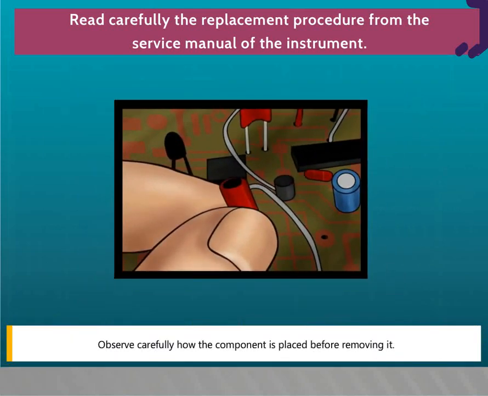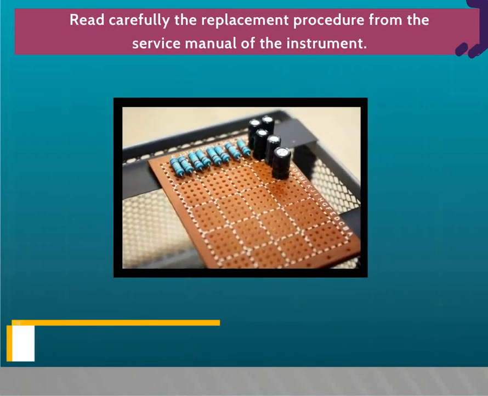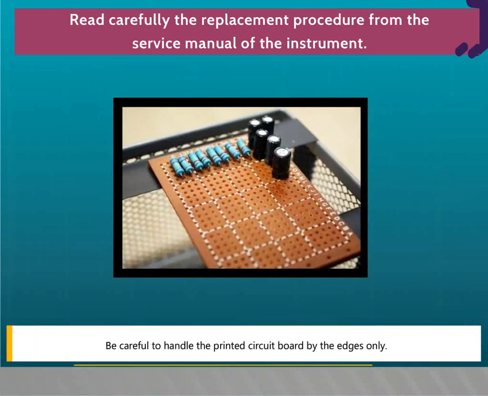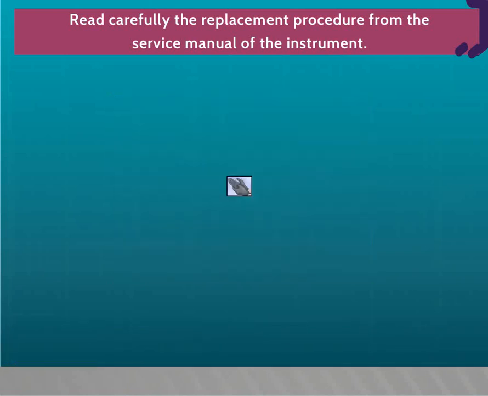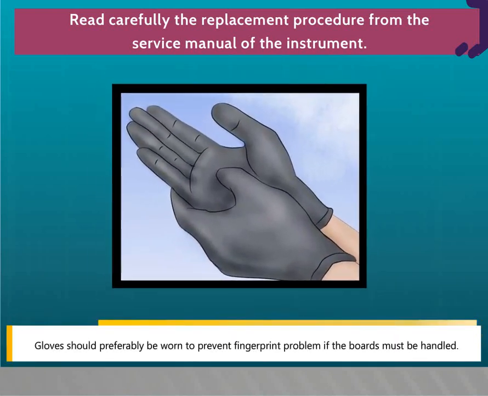Observe carefully how the component is placed before removing it. Be careful to handle the printed circuit board by the edges only. Gloves should preferably be worn to prevent fingerprint problems if the boards must be handled.